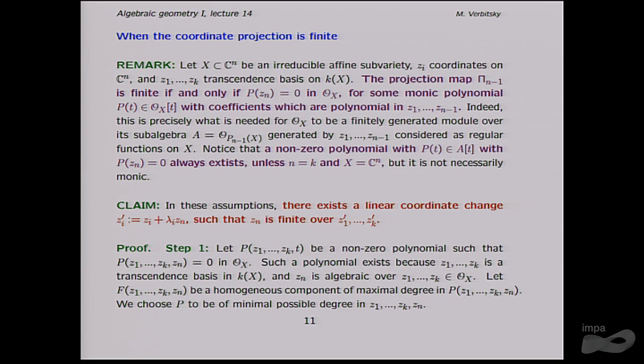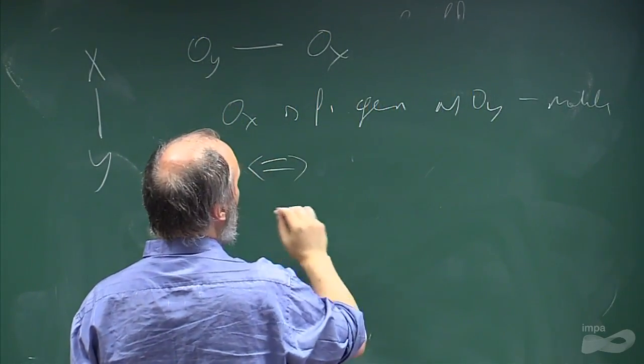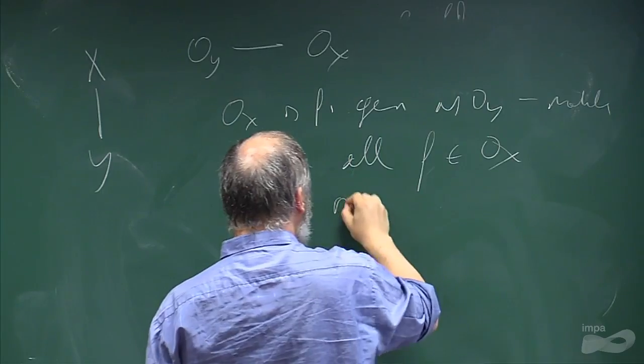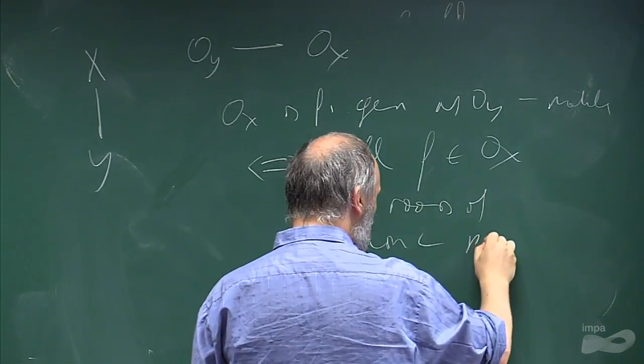Yeah, so if you have a variety X projected to Y, this means that OY is mapped onto OX, and OX is finitely generated as an OY module. This is more or less equivalent to: all f inside OX are roots of monic polynomials.